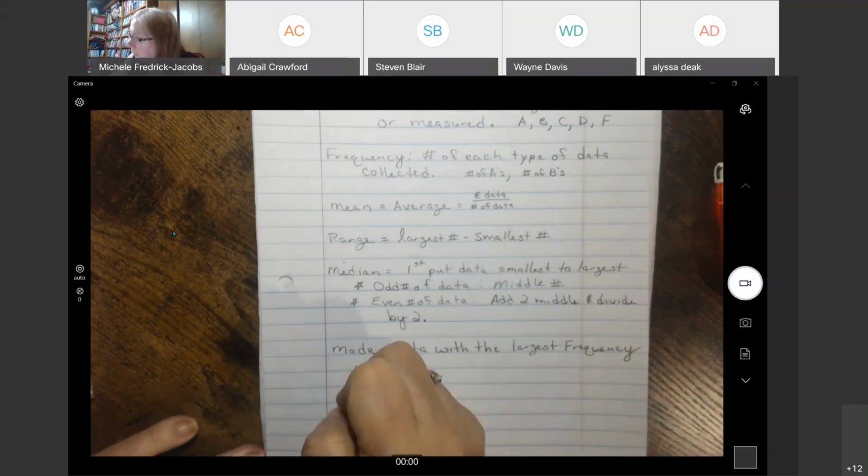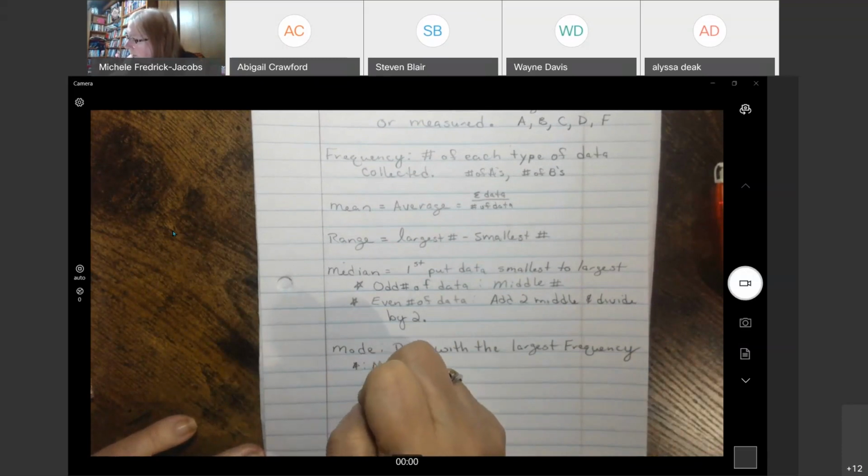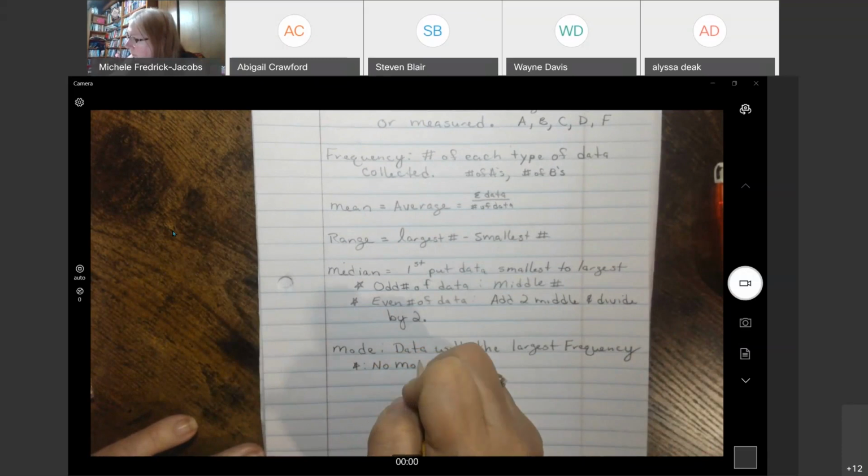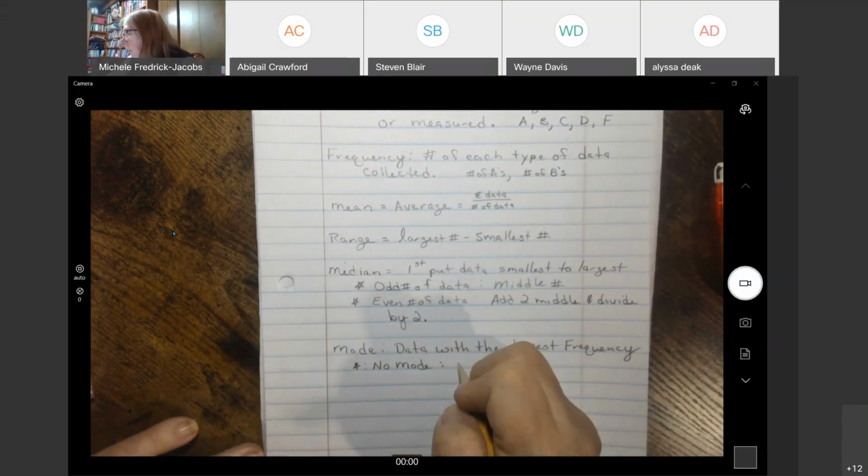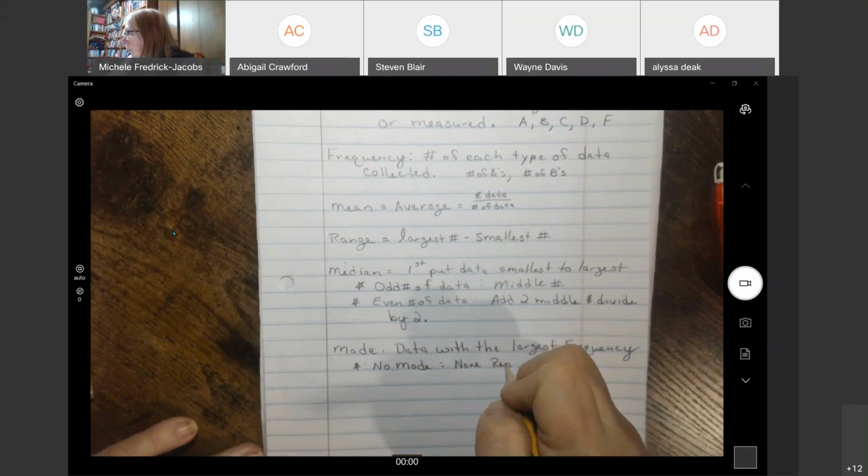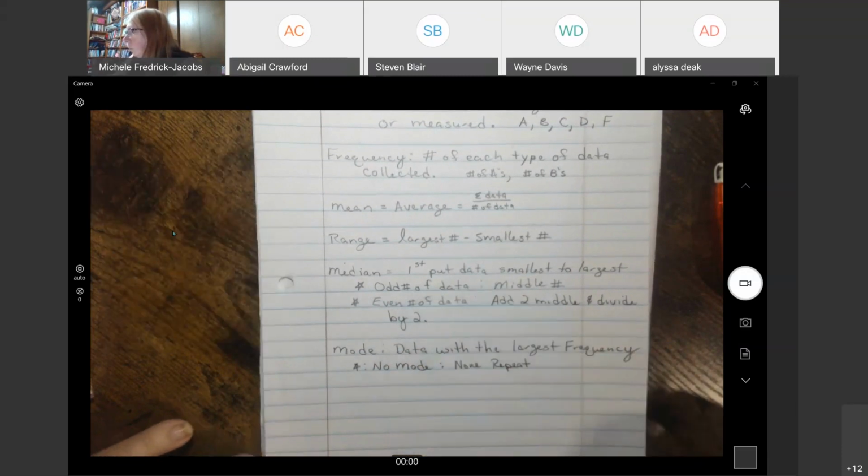There's 3 cases. There could be no mode. That happens when there's no repeats, or the frequency is 1 for all of them.